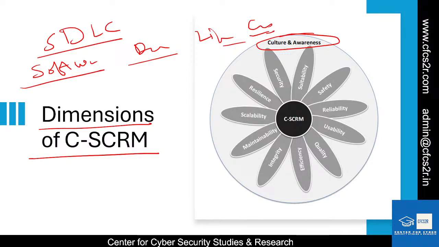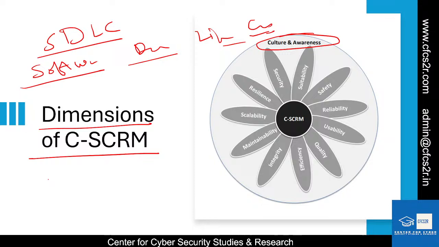It is a learning process that influences individuals' and enterprises' attitudes and makes people realize the importance of supply chain risk management and the adverse consequences of its failure.